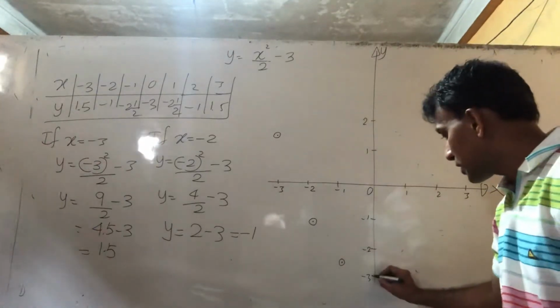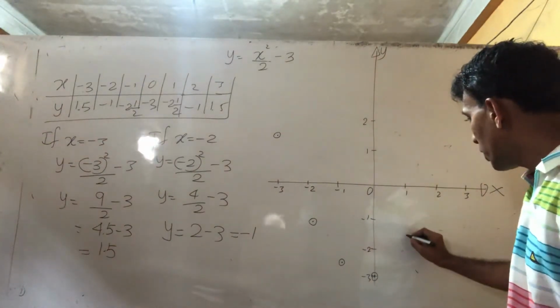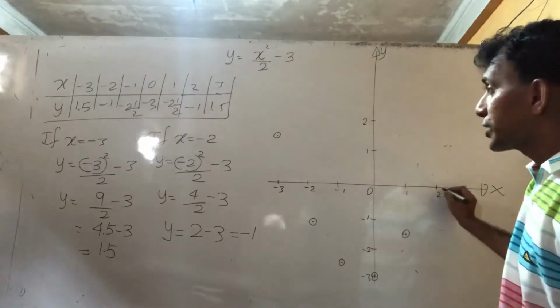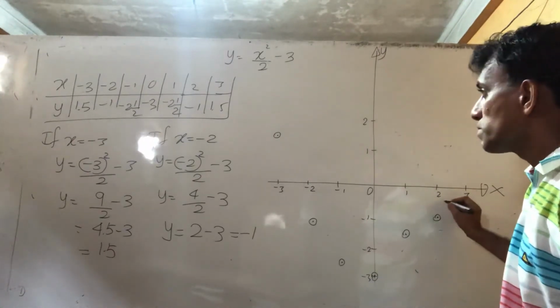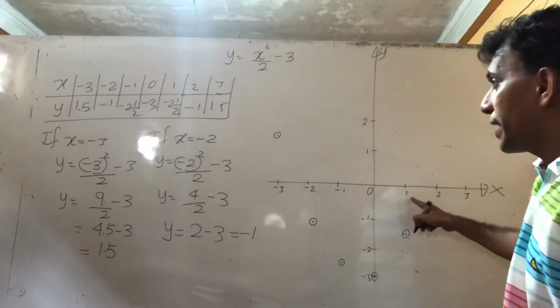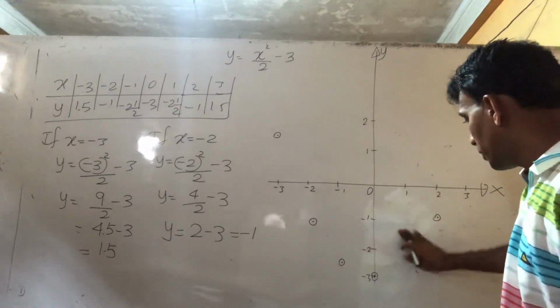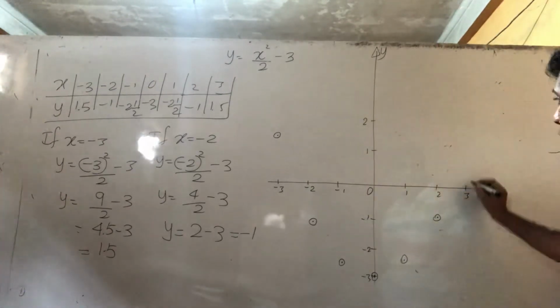X 0, y minus 3. X 1, y minus 2 and a half. X 2, y minus 1. X 3, y 1.5.